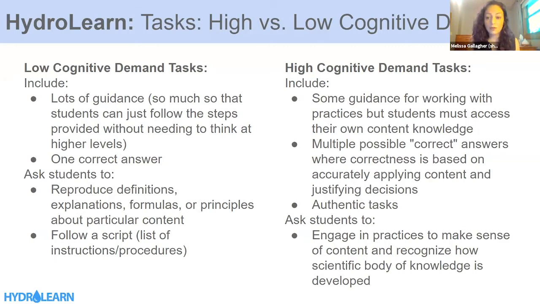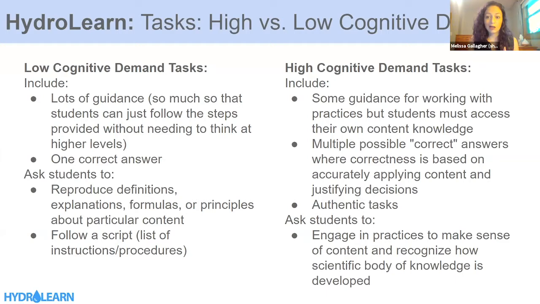So for those of you who've completed HydroLearn 101, we're going to talk about high versus low cognitive demand tasks. I'm using the word task, but essentially what it means in math education is any problem that we ask students to solve. For instance, the problem set at the end of the chapter in your textbook, those are all tasks.